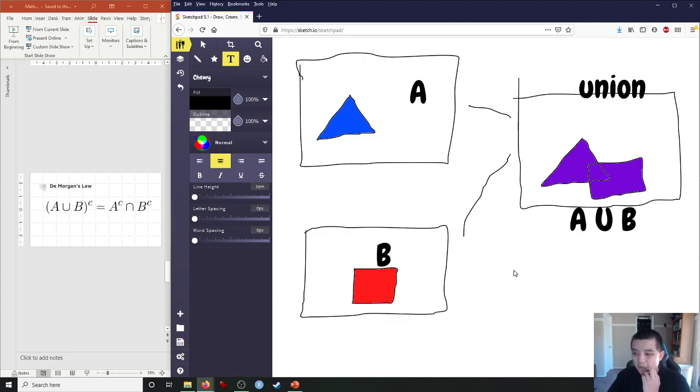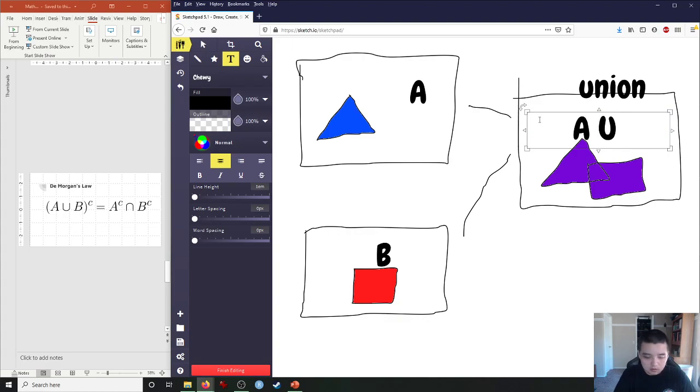Like that. So the technical definition of a union is that as long as a point's included in at least one of the sets, it's in the final product as well. Let me see if I can move that. Okay.